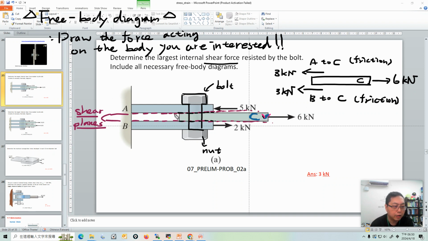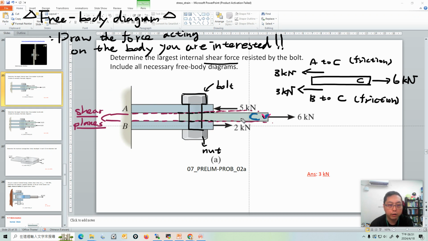Also, C is subject to the friction force from A and B: A acting on C, B acting on C. So we have to draw these forces out, because these three forces are all acting on C. That's called a free body diagram. Try to draw the forces acting on the body you're interested in.